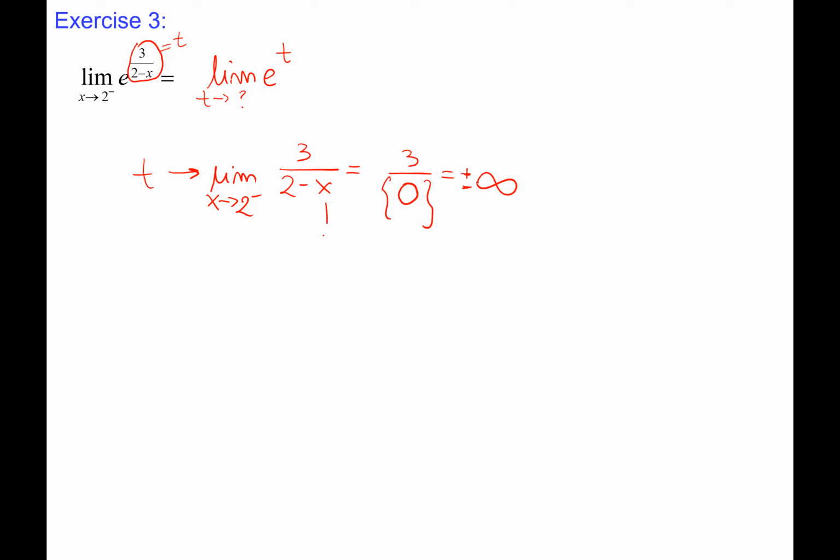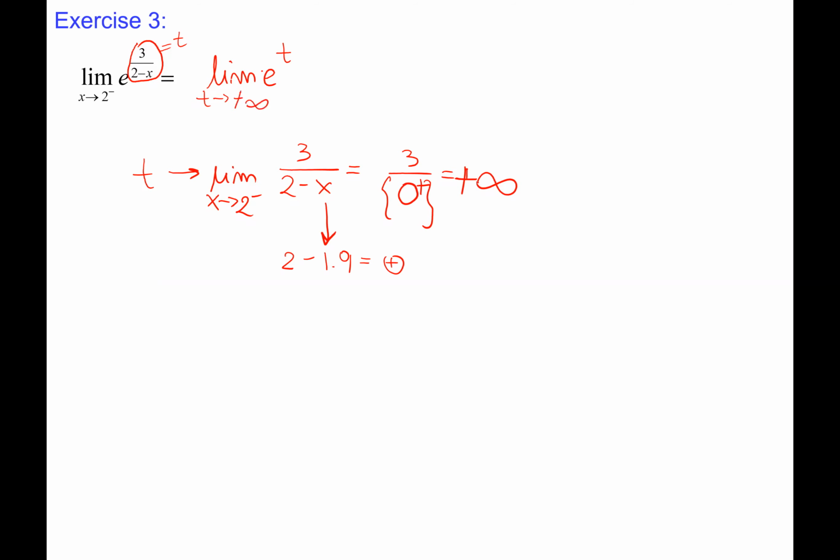Because that x is not really 2, it's 2 from the left, which is like, for example, 1.9. And when I take 2 minus 1.9, I'm actually getting a positive number, a tiny positive number. It means this is positive, and consequently, infinity will also be positive infinity. That means t goes to positive infinity.